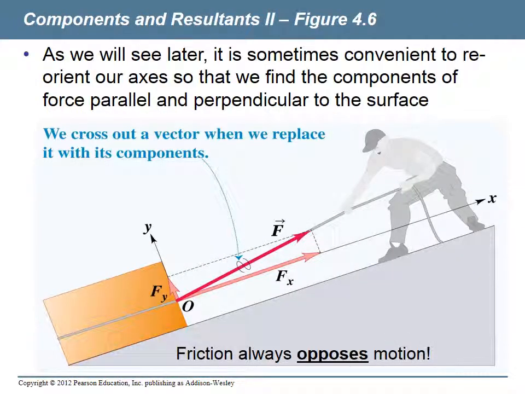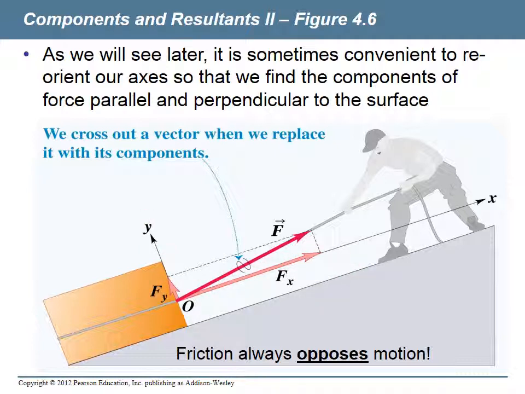We don't necessarily always have to have our x and y. We don't have to have y always be vertical and x always be horizontal. Sometimes it's much more convenient to talk about our x's and our y's in terms of the perpendicular component and the parallel component.